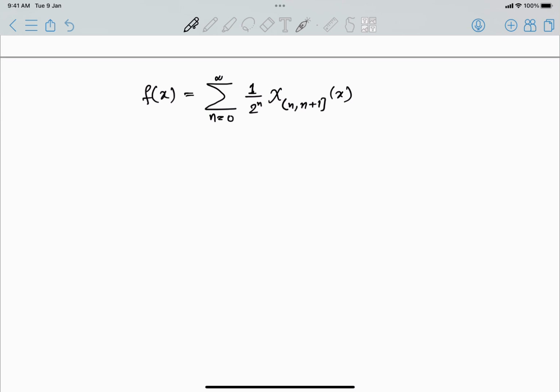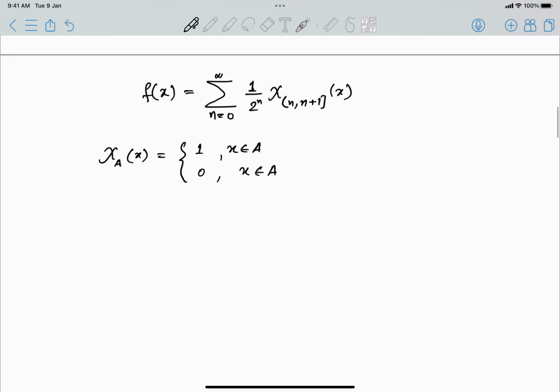Whenever x belongs to this interval, the characteristic function gives 1. Basically, the characteristic function of any set A at x is 1 if x belongs to A and 0 if x does not belong to A. So this is the definition of the characteristic function.